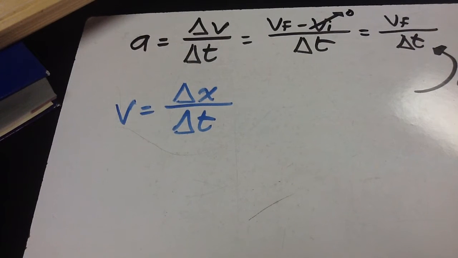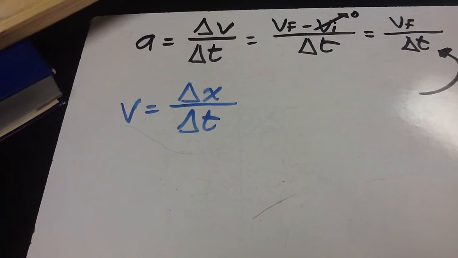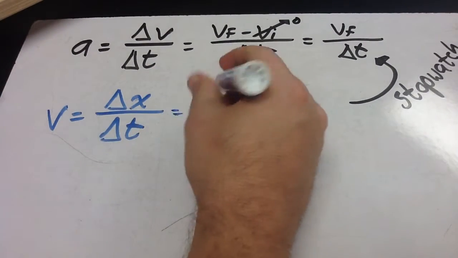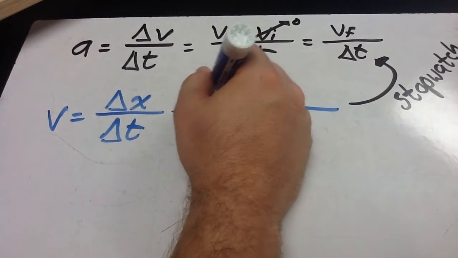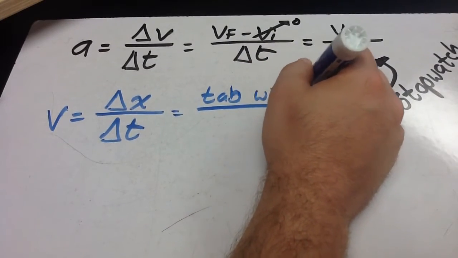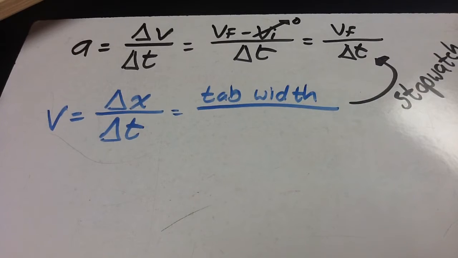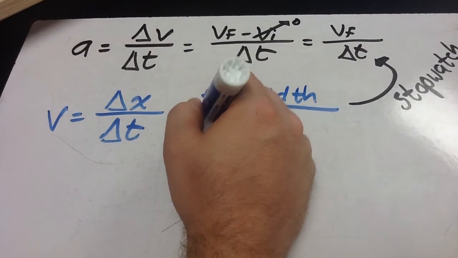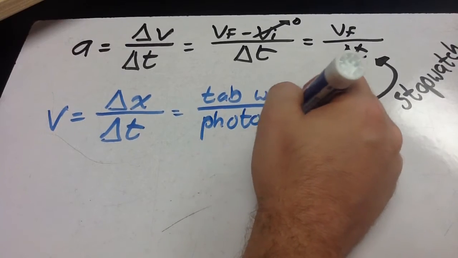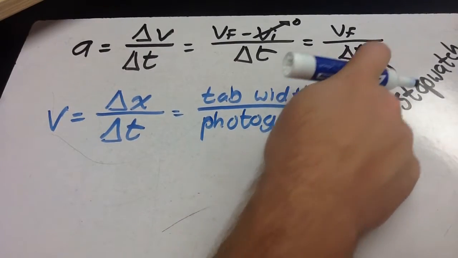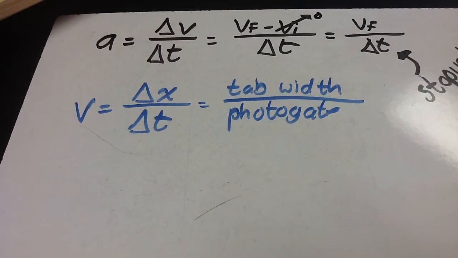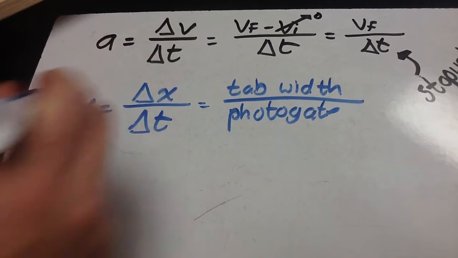The delta x is going to come from the tab on the cart. The delta t is the Photogate time. That'll tell you what the final velocity of your cart is.